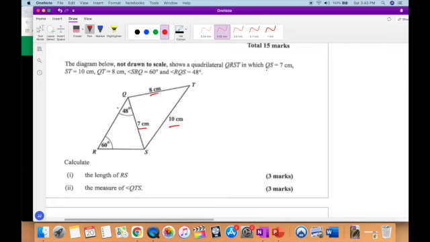Angle SRQ is 60 degrees, so we can see that here, and this angle is 40 degrees, we can see that here. What do we want? We want to calculate the length of RS. So we have all of the information, and they say I want the length of RS.